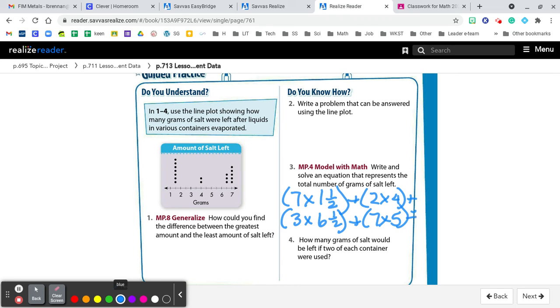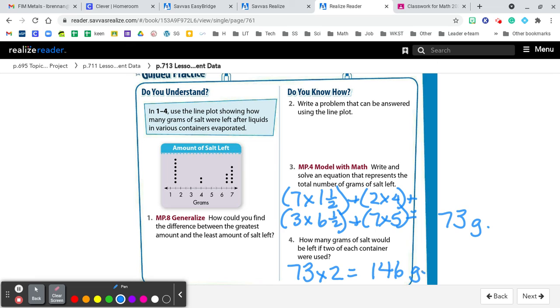We add all that together and we wind up with 73 grams altogether. How many grams will be left if 2 of each of the containers were used? So 73 times 2 is 146 grams.